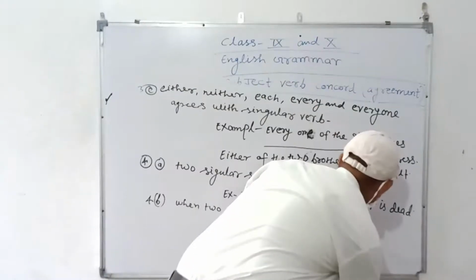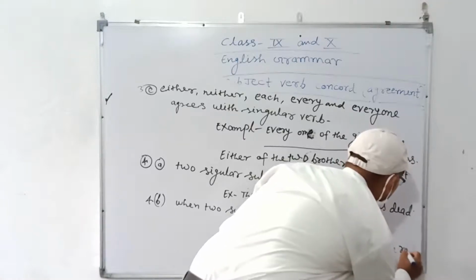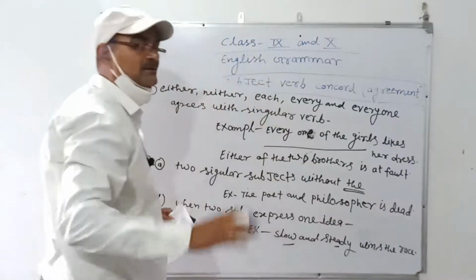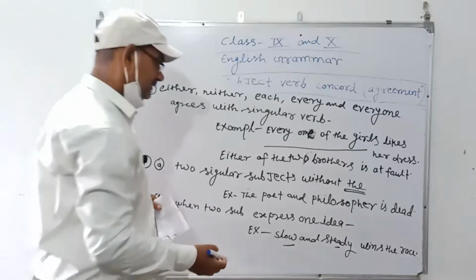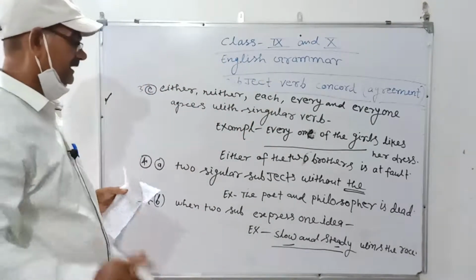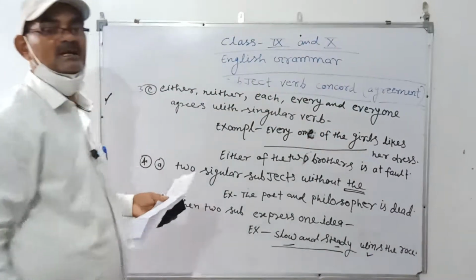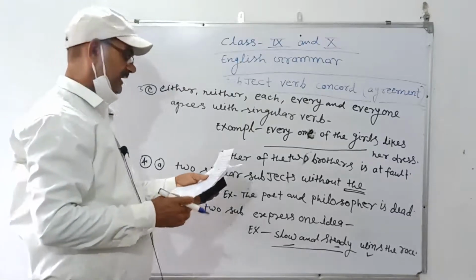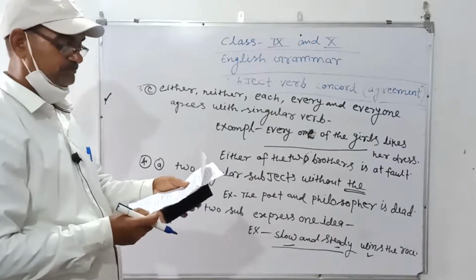In this sentence, slow and steady are for the same being, the same person, so they are for one person and the verb agrees in the singular form. One more example: rice and curry is my favorite dish.